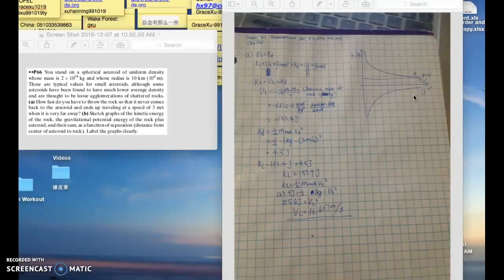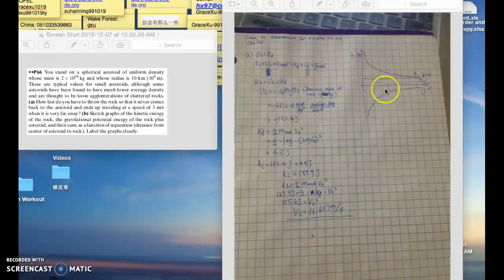Another thing that I thought I might address is how to find a force using this graph. I didn't write it out, but we know that negative dU over dr would give us the force.